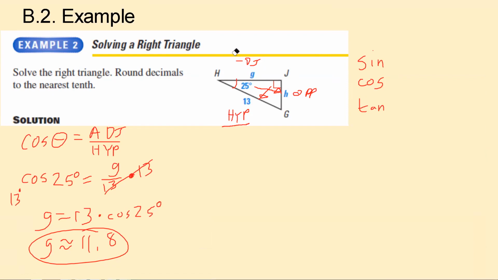So now I'm trying to find the opposite side. Again, the known side that I'm given is the hypotenuse. So which trig function relates opposite and hypotenuse? Sine, cosine, or tangent?